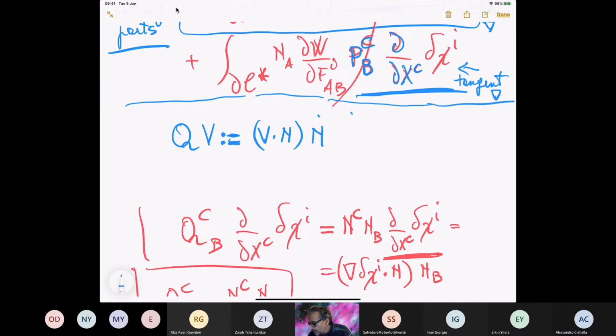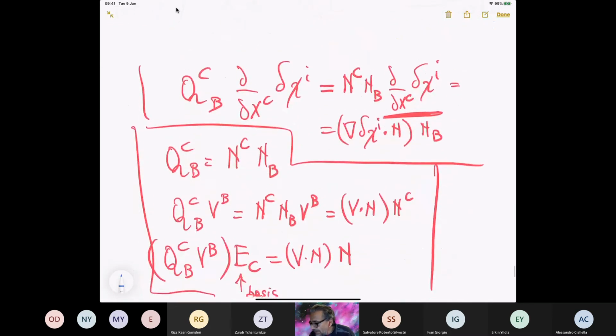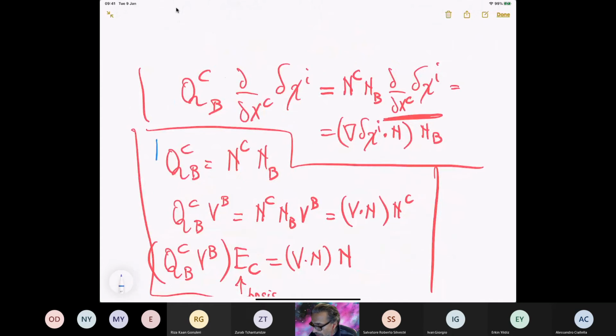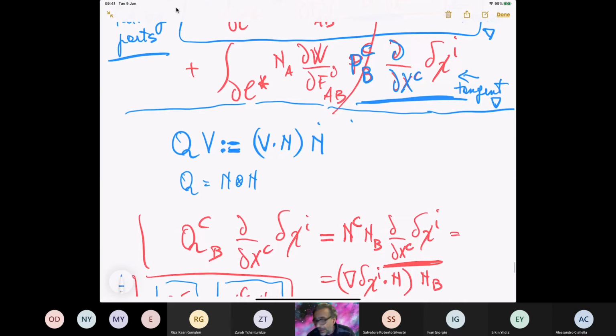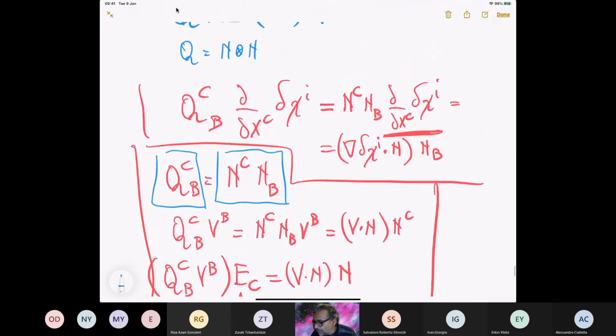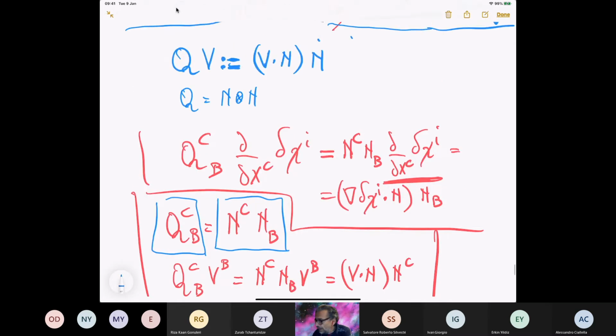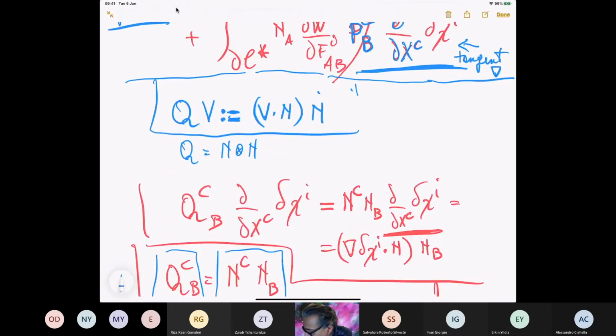So what is Q_CB? Q_CB is n_C n_B, a dyad. Sometimes you will find this symbol, a dyadic product. So let us prove that the matrix Q_CB is n_C n_B. I hope that you agree with this. This is the definition of projection.